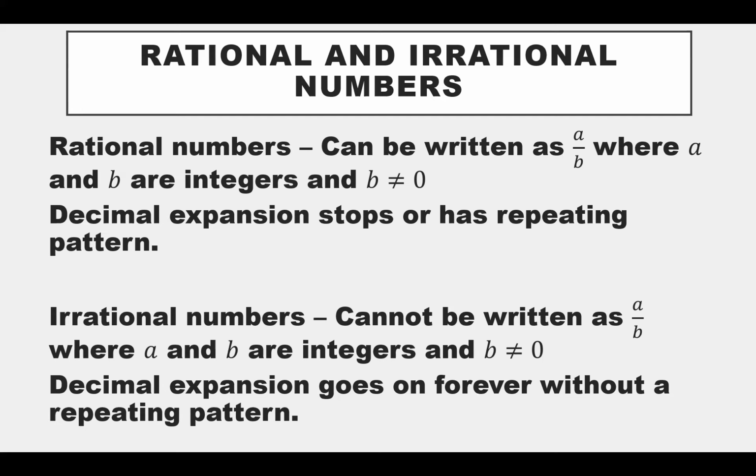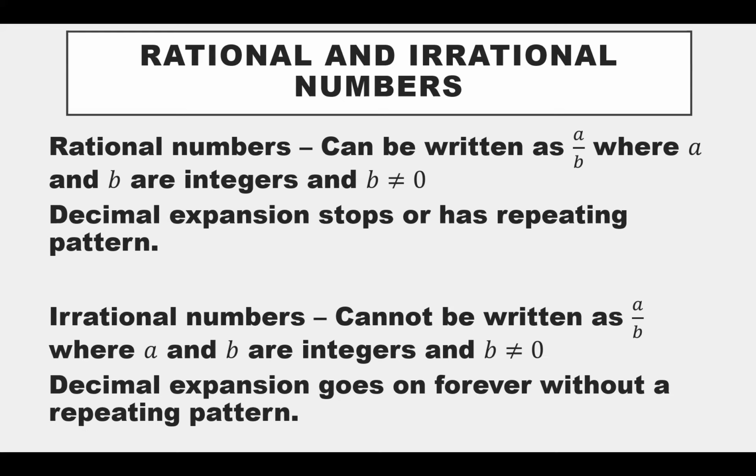On the other hand, irrational numbers cannot be written as A over B, where A and B are integers with denominator not 0. And irrational numbers have decimal expansions that go on forever and don't have a repeating pattern. So rational numbers can be written as A over B, where A and B are integers.